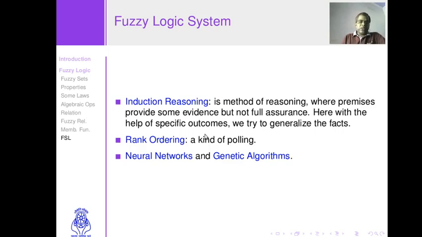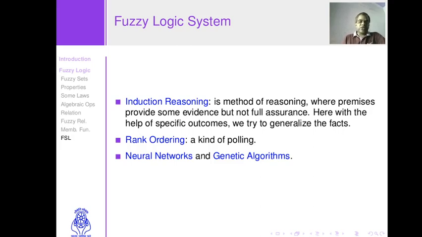Another method is inductive reasoning. This is just the reverse of the inference method. In the case of the inference method, we use some general statements to arrive at some specific conclusion, and we put that conclusion with full confidence, with full assurance.